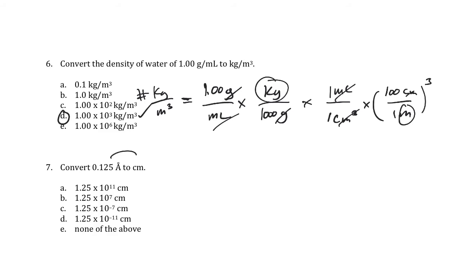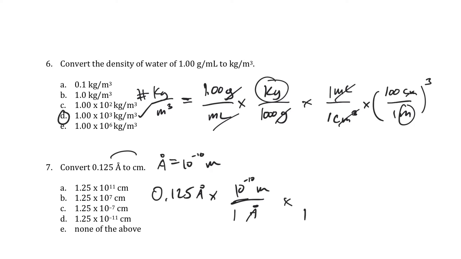Convert angstrom to centimeters. Now I want us to remember an angstrom is 10 to the minus 10 meter. That's all we really need to know here. So 0.125 angstrom. 1 angstrom is 10 to the minus 10 meters, and then, of course, 1 meter is 100 centimeters. So 0.125 times 10 to the minus 10 times 100 is 1.25 times 10 to the minus 9.